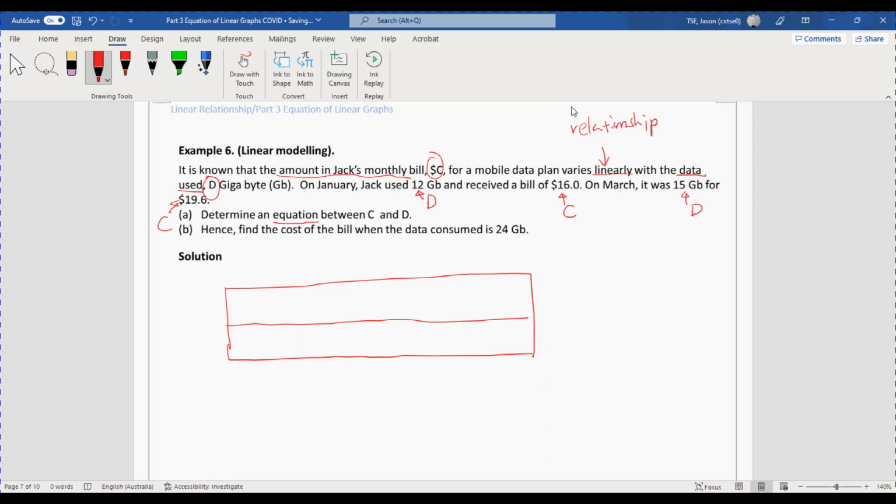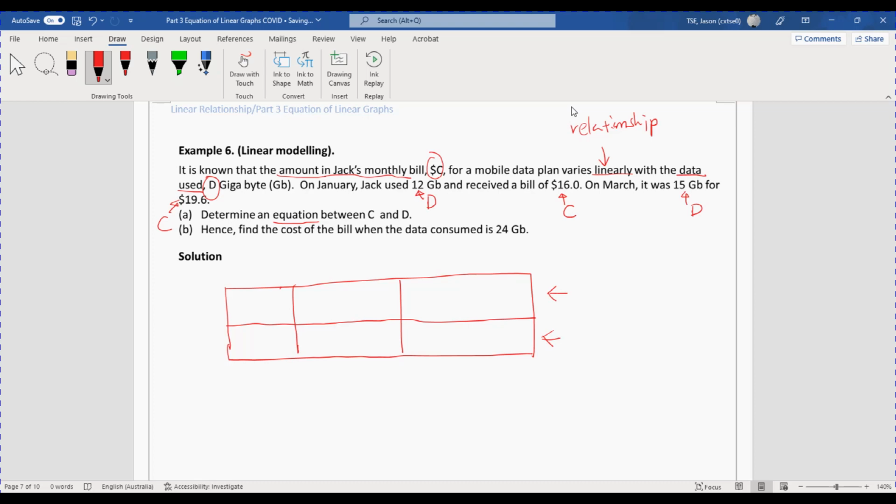To draw the table, I need to have how many columns? One column. Sorry for the poor drawing. And then you need to decide which letter you need to put in the first row. Theoretically, it doesn't matter. But normally, we will put our X variable first.